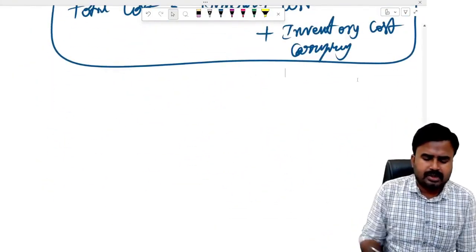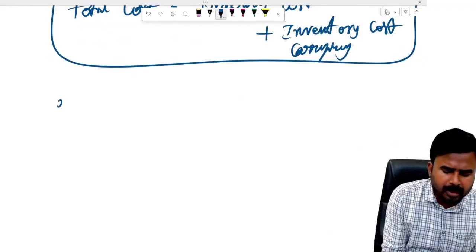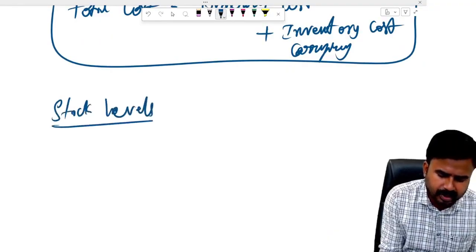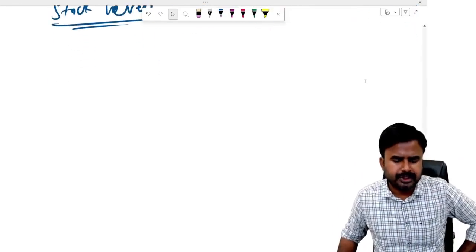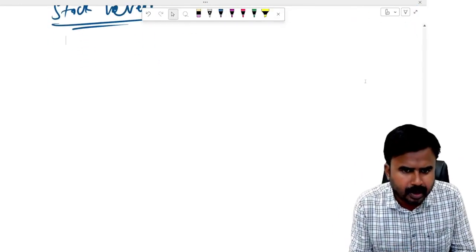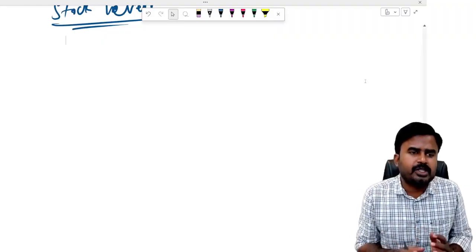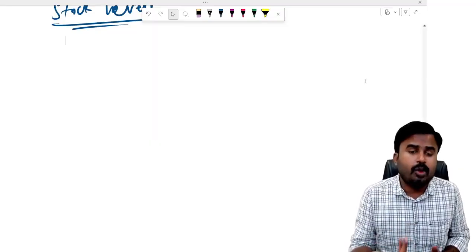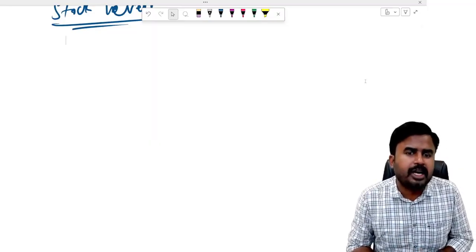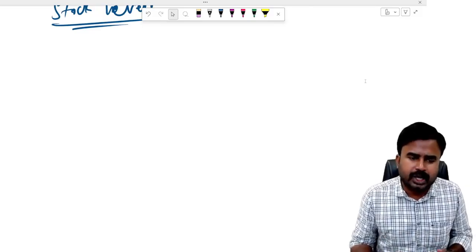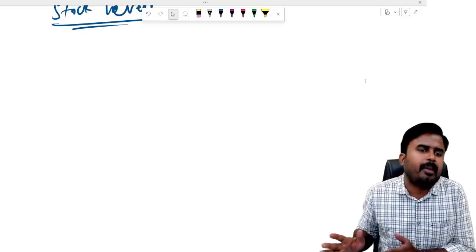My dear students, I'm giving you the formulas for various stock levels. Every firm should fix their stock levels in order to avoid stock out cost. Why? Because if the firm is not maintaining sufficient stock of raw material, it may not support continuous production, and you may not produce the required production because of lack of raw material.